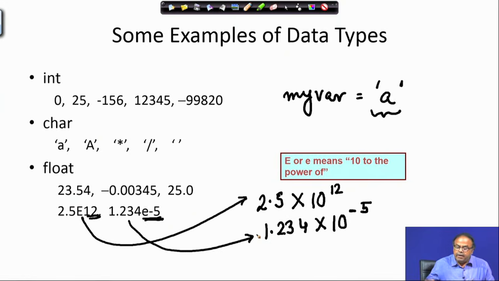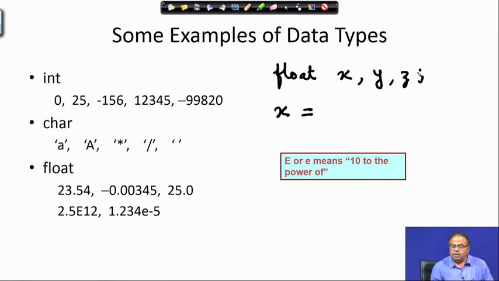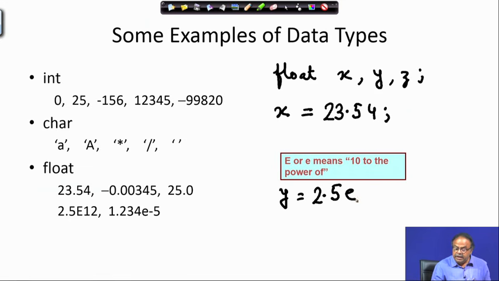So, if I have a variable like float x, y, z, I can assign x to be 23.54, or I can assign y to be 2.5 E12 and z to be 1.234 E minus 5.